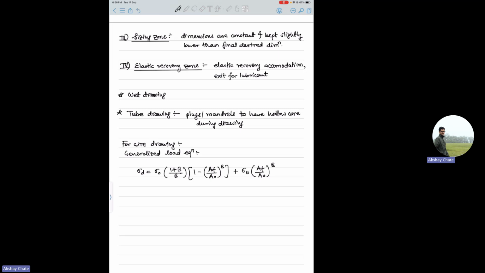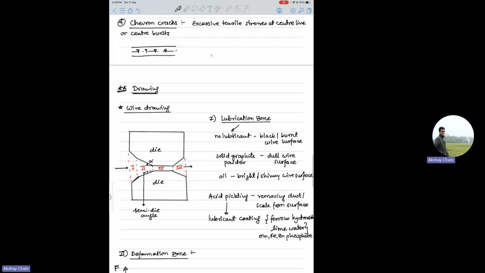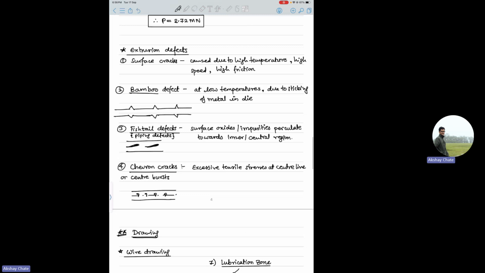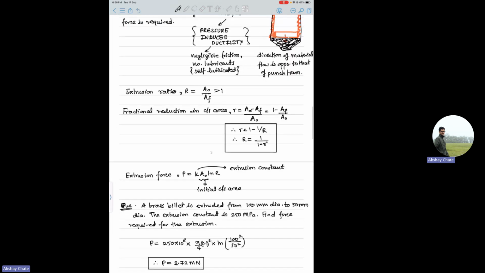Okay, so a final by a naught, in the context of extrusion, what was a final by a naught? A final by a naught is 1 by r. So here also, if you want to remember in terms of r, basically this af by a naught is 1 by r from our previous discussions. And b is nothing but mu cot alpha.